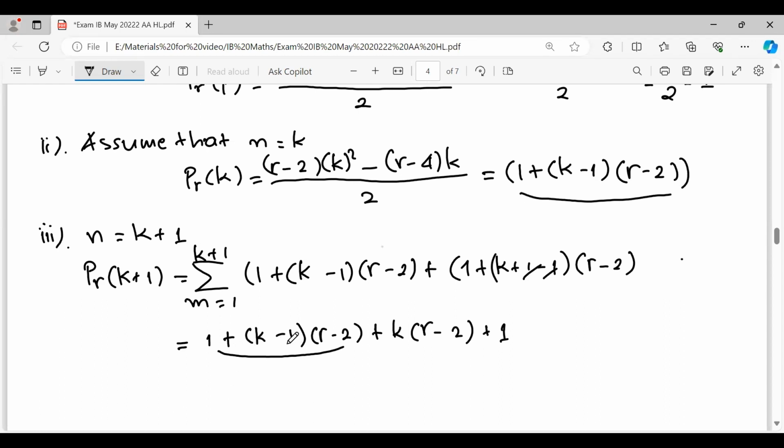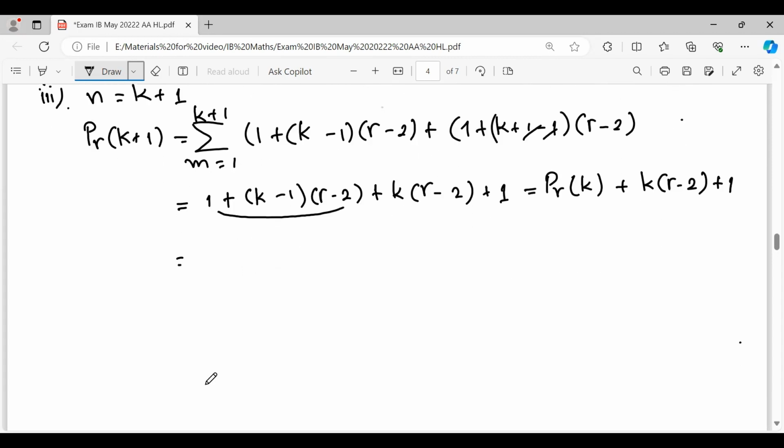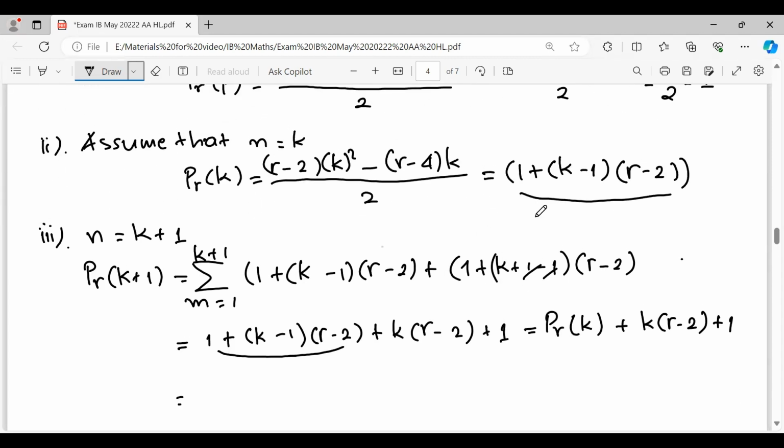So we can state that this is P_r(k) plus k times (r minus 2). It's 1. So it means P_r(k) as well equals 1.